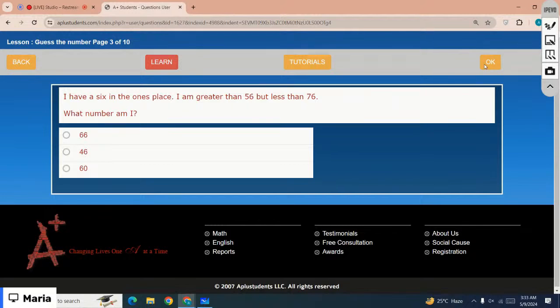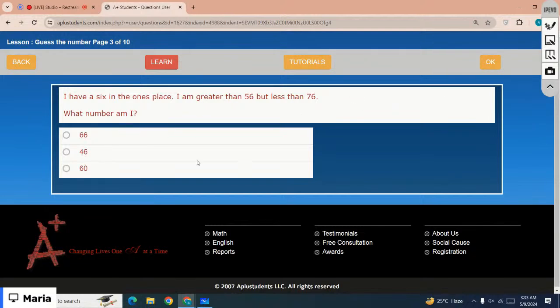So, which is the correct option? That is very good. 66 it is.